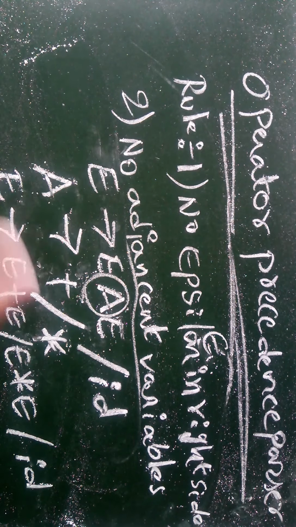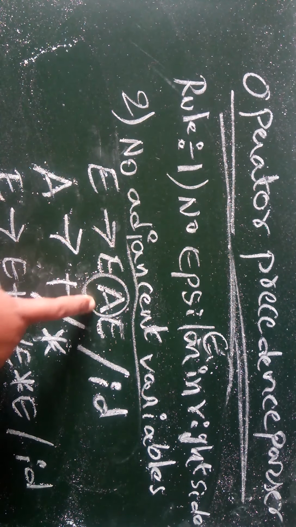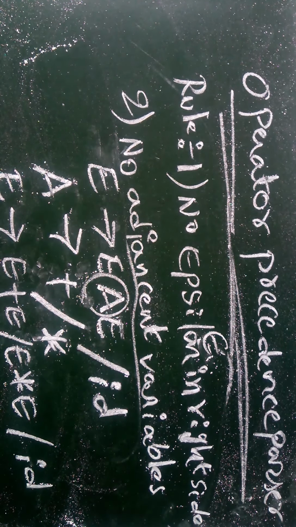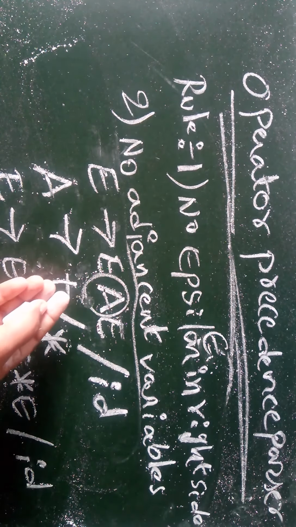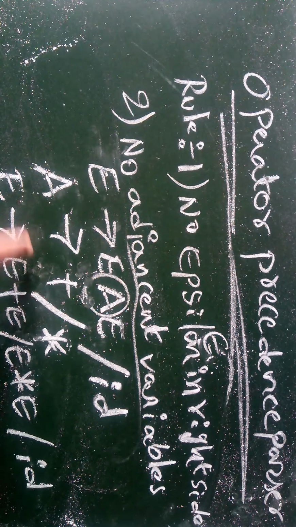So by using the second expression, we are replacing capital A. Then we get this expression. No adjacent variables are here, and no epsilons are on the right side. So this is called an operator grammar. By converting the expression with another one, we are producing a grammar, so this problem satisfies the operator grammar.